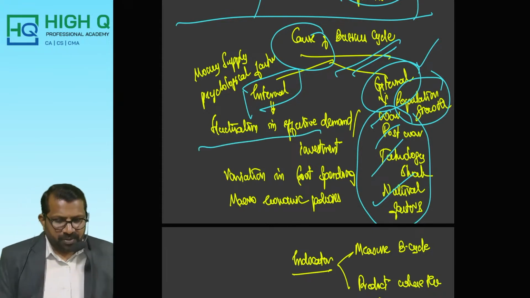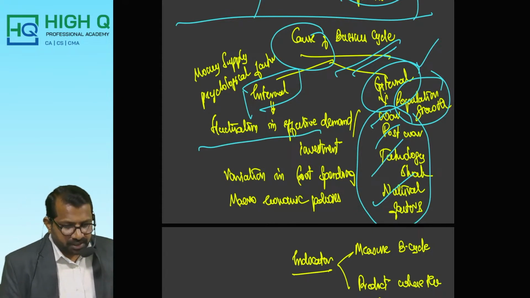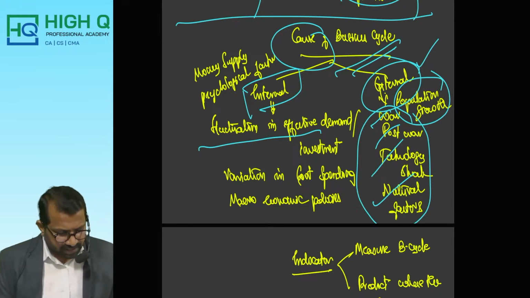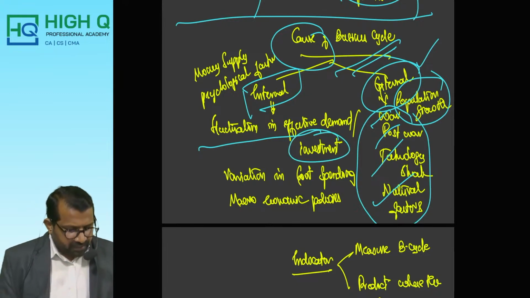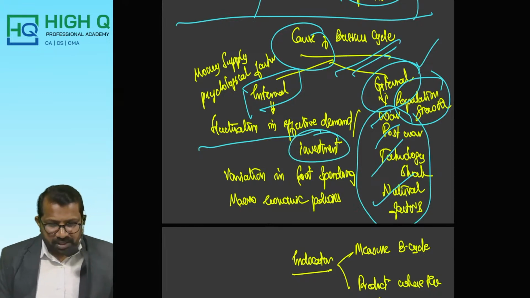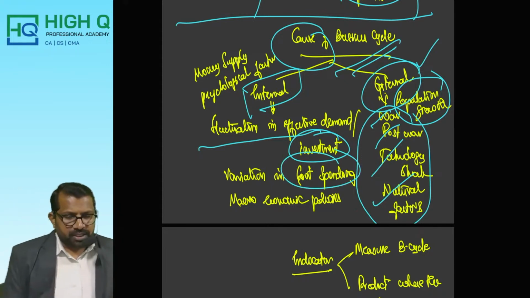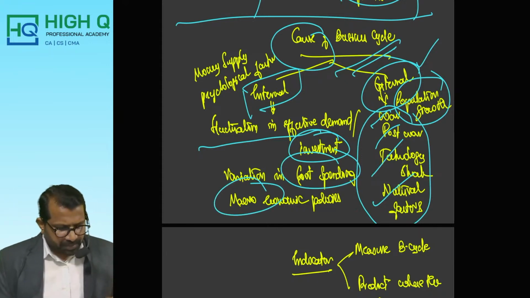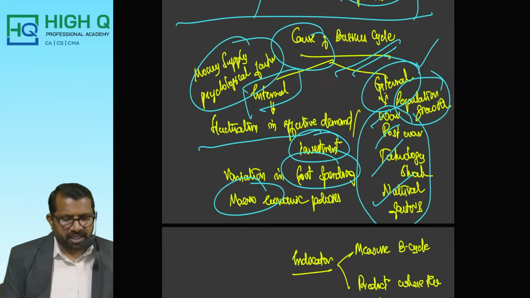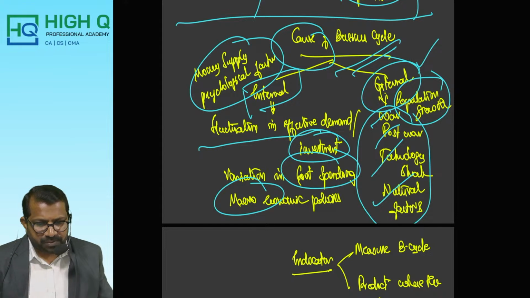Fluctuation in effective demand, on and off there will be changes in demand, not only demand, even in investment. The government may not be ready to spend, but there will be some variation in government spending. Also macroeconomic factors, money supply and psychological factors.